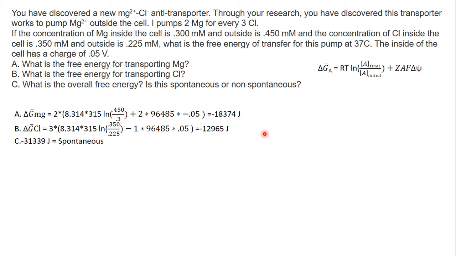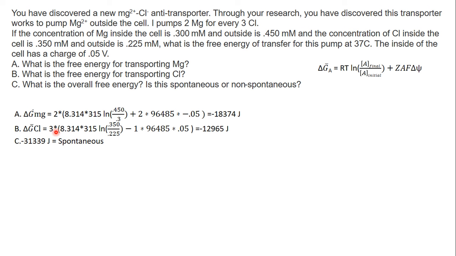If I do final minus initial, that's how you should calculate this delta. Anytime you see a delta, it means final minus initial. So my final charge is 0 for the outside of the cell, minus my initial charge of 0.05, that's where I get this negative 0.05 from, and my energy is negative 18,374 joules.